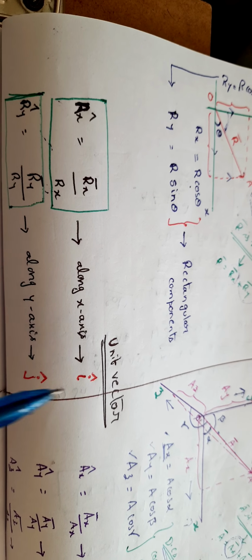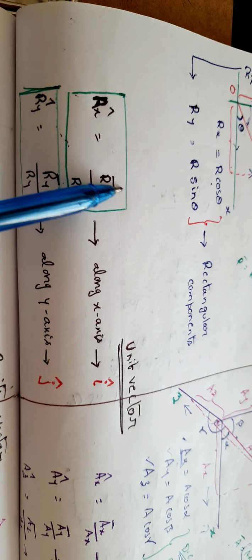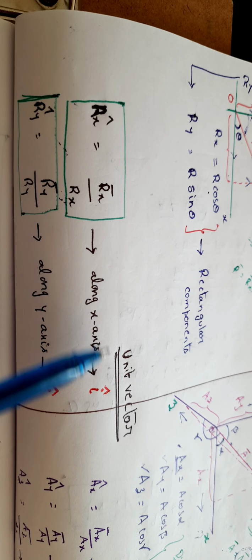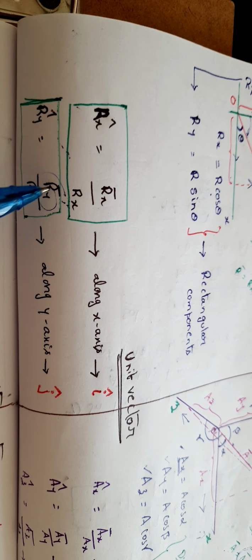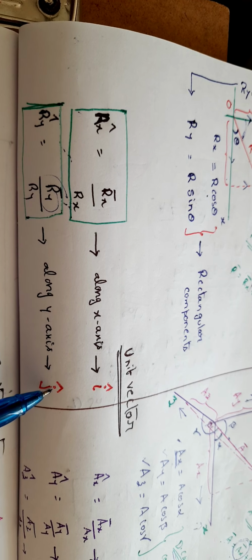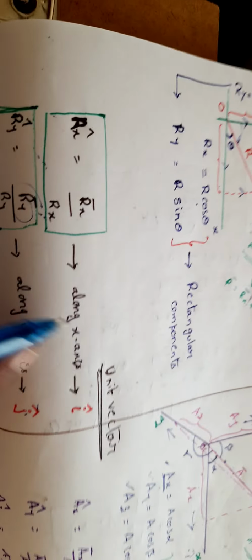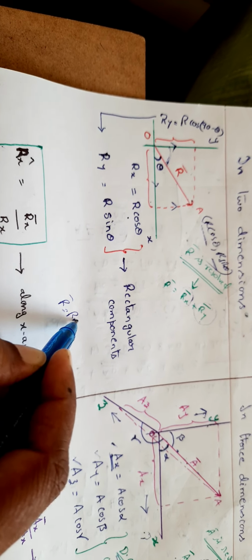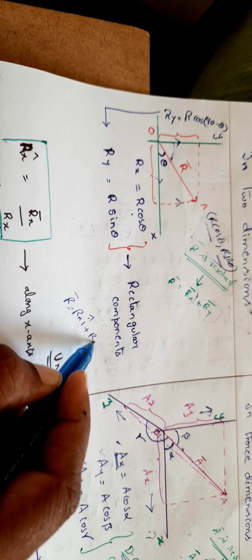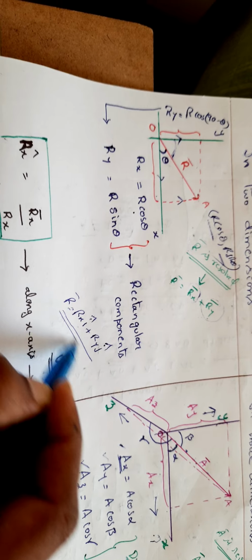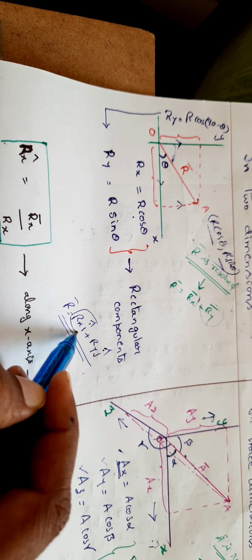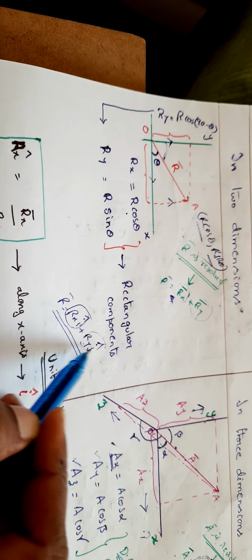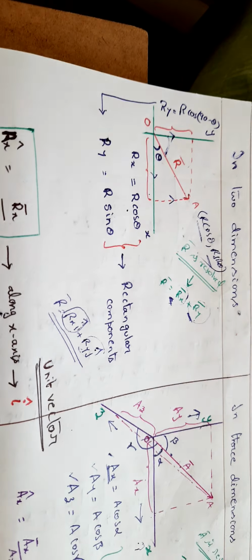X direction, that is I cap, and this is J cap here. So I can write Rx bar is equal to Rx into I cap, Ry bar is equal to Ry into J cap. Thus you will be writing R bar as Rx I cap plus Ry J cap. So Rx I cap together is Rx bar, Ry J cap together is Ry bar.